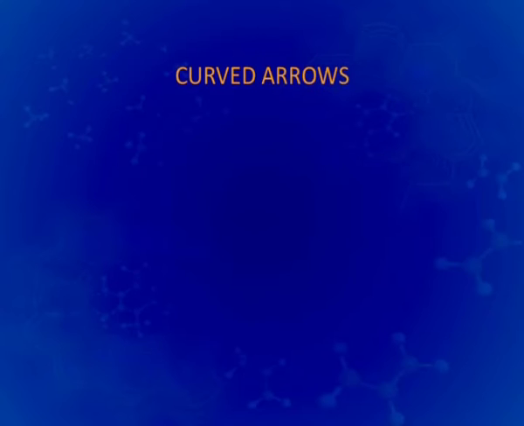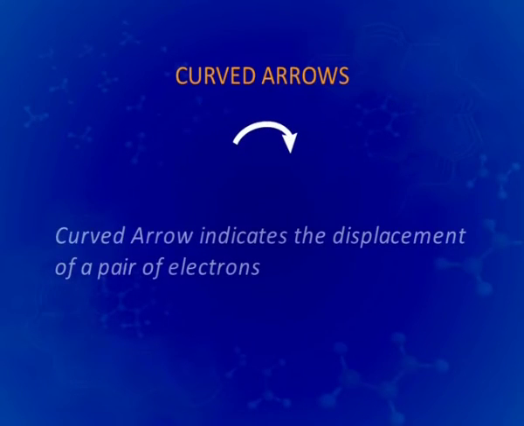The two types of curved arrows which we generally use in depicting the reaction mechanism are, first, the curved arrow with a double head, which indicates the displacement of a pair of electrons.